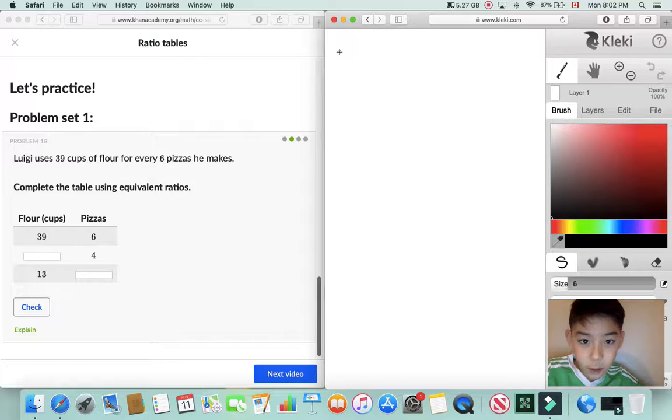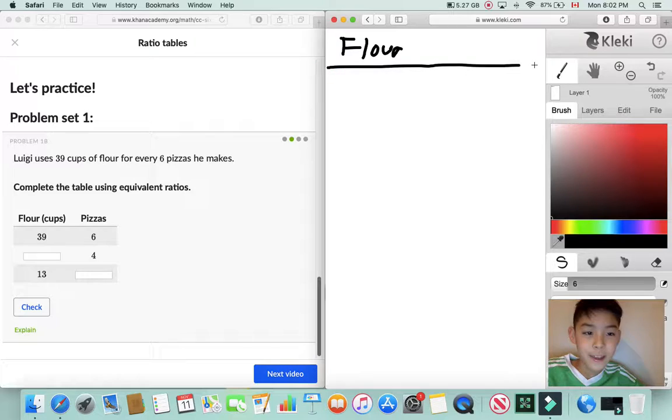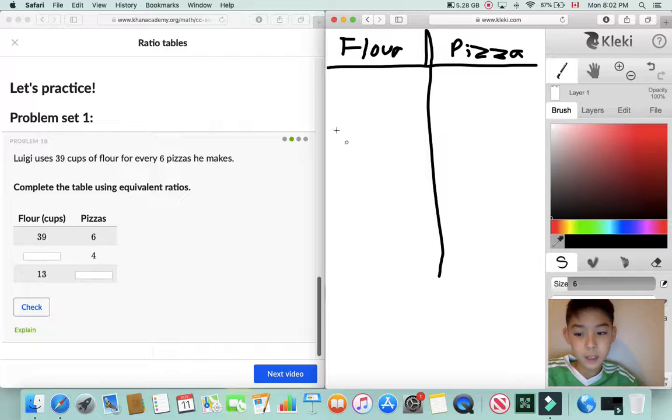Okay, so I can't do it. Flour. I love flowers. They smell great. That's perfect.